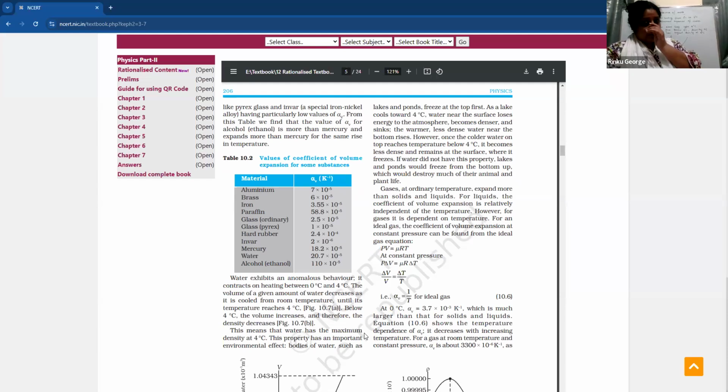However, once the colder water on the top reaches a temperature below 4 degrees, it becomes less dense and remains at the surface, where it freezes. If water did not have this property, lakes and ponds would freeze from the bottom up, which would destroy the animal and plant life. If the water freezes from bottom up, it will adversely affect the life in water, right? Ponds and rivers.